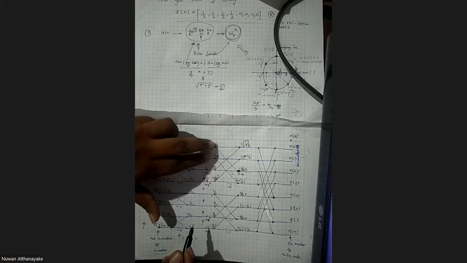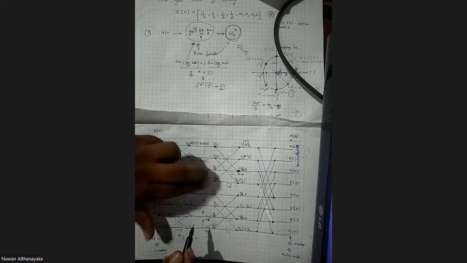In the next level, there are two groups, 1 2 3 4, and you have to add them together. So this is one group and another group, two groups in this level, and you are going to this level.